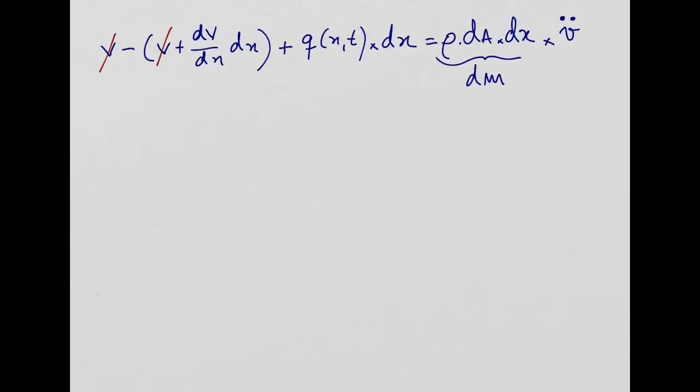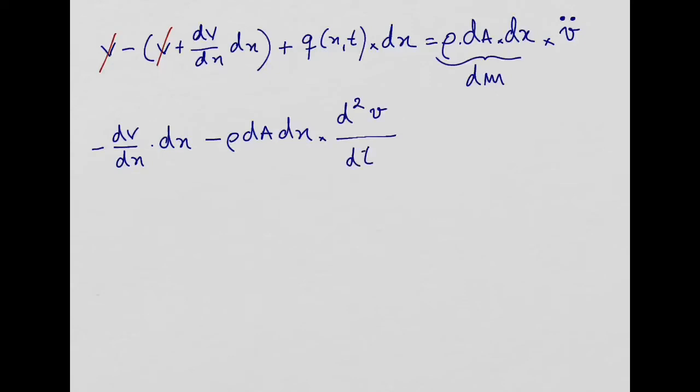Minus dV/dx times dx, which is this term here. Now I'm going to send the mass times acceleration to the left-hand side, so we will have minus the density times dA, which is the area of the cross-section, times dx, times, I'm going to write this way, the second derivative of the deflection in order to the time.